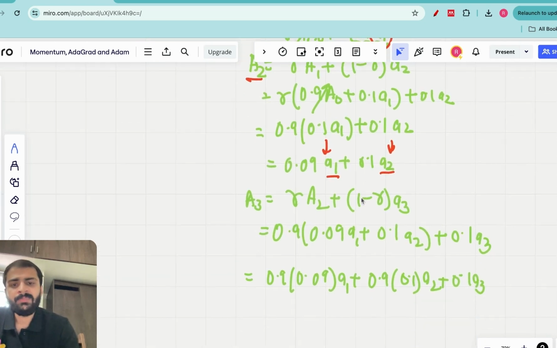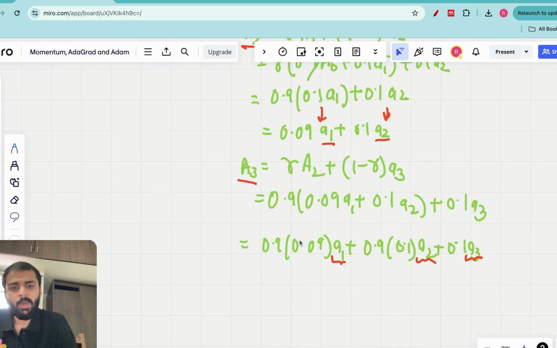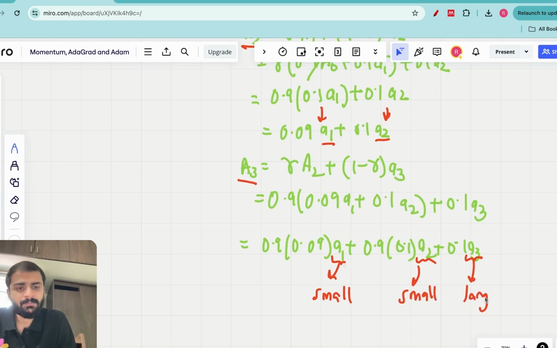Let's look at A3. A3 again has contributions from all three elements, small a1, small a2 and small a3. But as we saw with capital A2, the contributions of small a1 and small a2 are small compared to small a3.